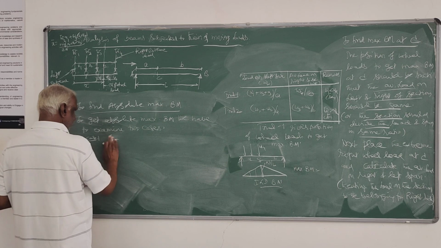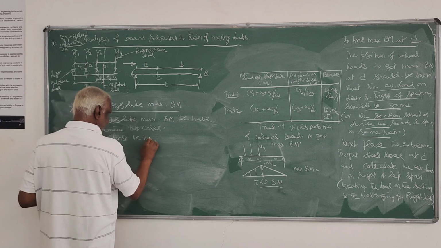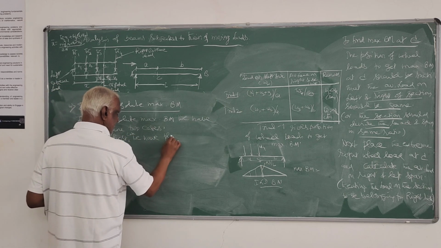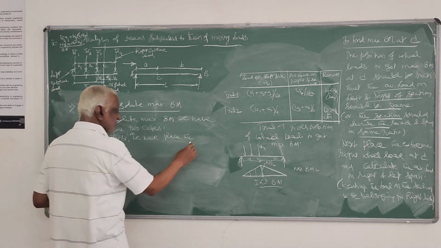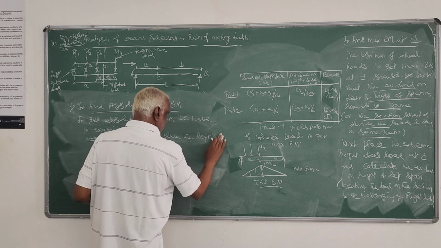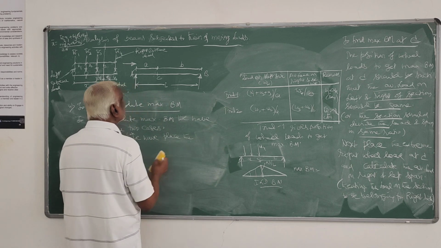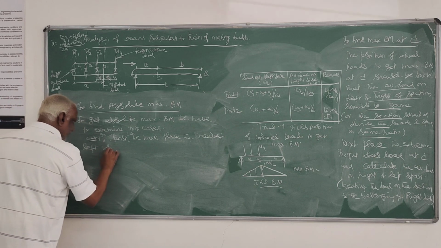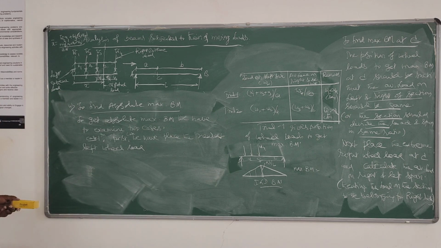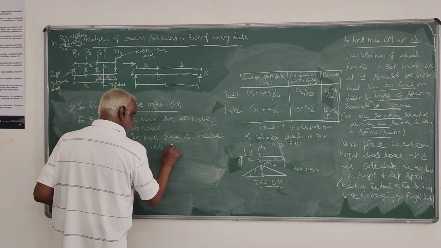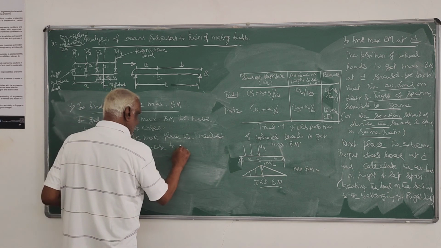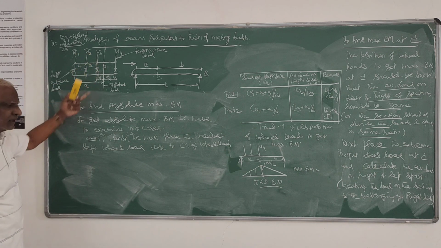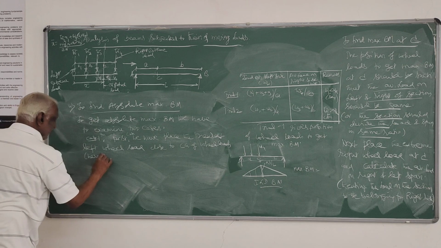in the first case, we have to place the nearest left wheel load close to the CG of wheel loads, right here, W3.